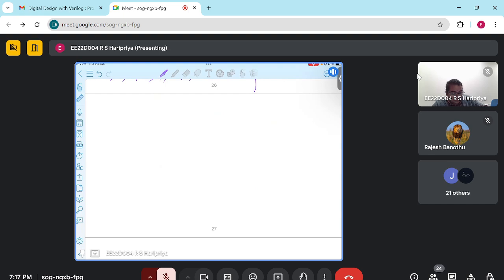Now, if we have a fractional part, how do we perform the conversion? So if we have 0.3125 in base 10, how do we convert it into base 8? What will be the method used?